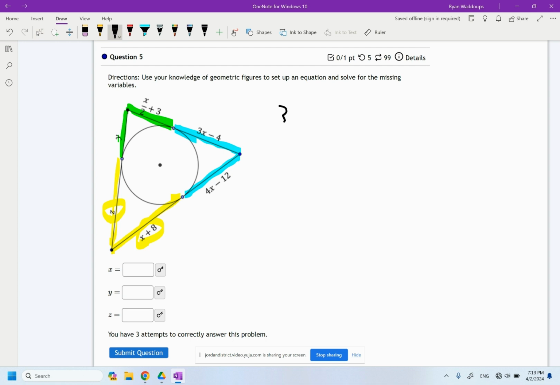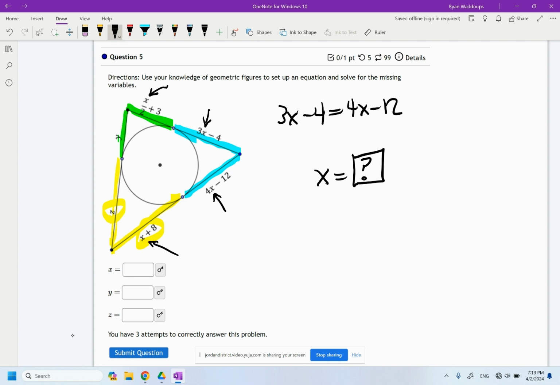I would set up the equation like this: 3x minus 4 is equal to 4x minus 12. You're going to go through the process of finding out what x equals. Once you know what x equals, you'll know what it equals there and there, but you also know what x equals there and there.